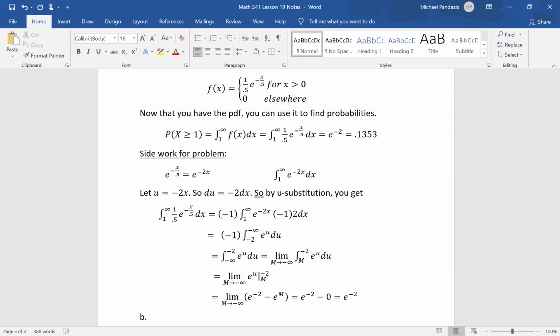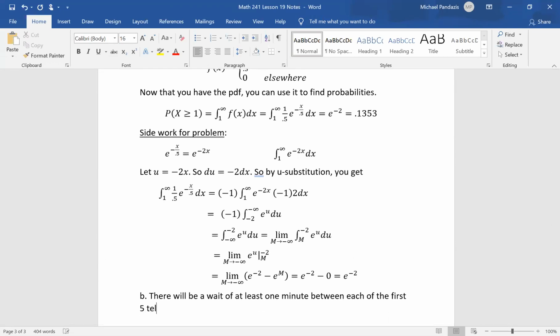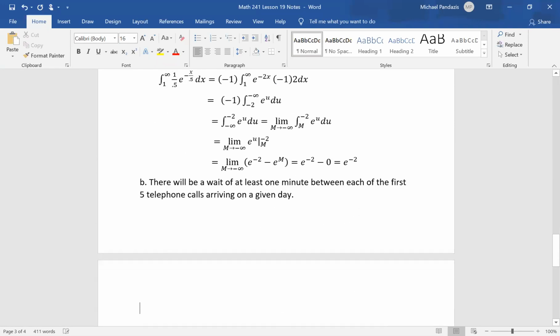Okay, so for part B, there will be a wait of at least 1 minute between each of the first 5 telephone calls arriving on a given day. Okay, so we want to find that probability.